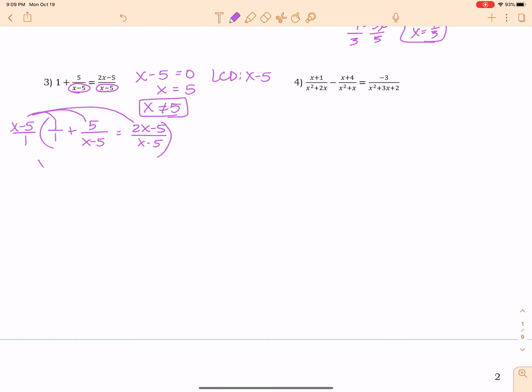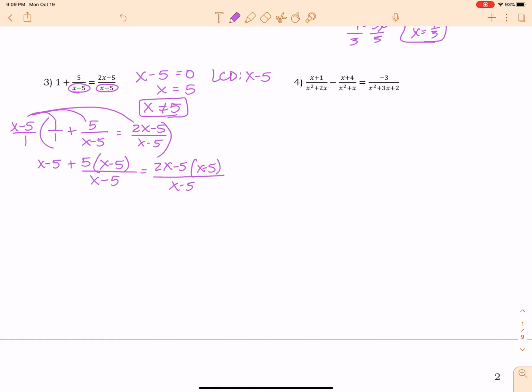So 1 times x minus 5 is x minus 5, plus this 5 right here. And then I'm going to put x minus 5 in parentheses, because remember the goal of doing this is to eliminate our fractions. And if the numerator and denominator are not reducing in a way that totally eliminates the denominator, then we haven't done our job. So I've got 2x minus 5 times x minus 5 over x minus 5.